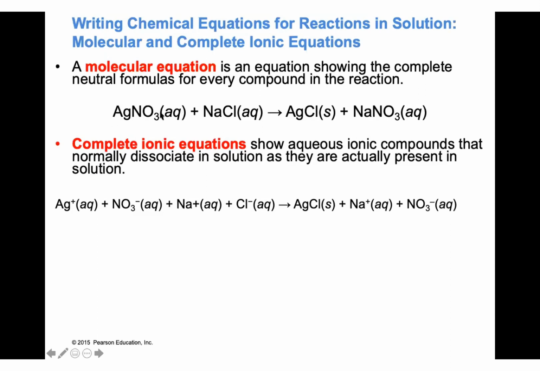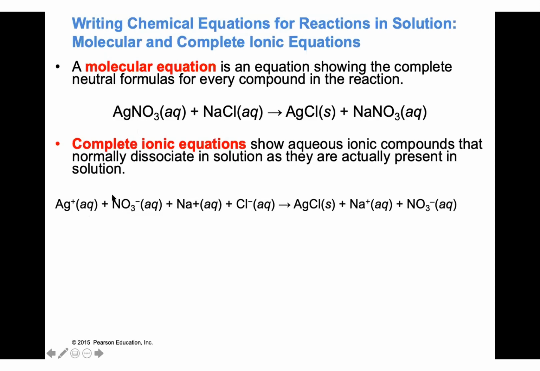Then you should make sure the state of the compound goes next to Ag plus. Where does this aqueous come from? From the right side of AgNO3. Whatever state AgNO3 has, just copy it from here to here. Then NO3 minus.